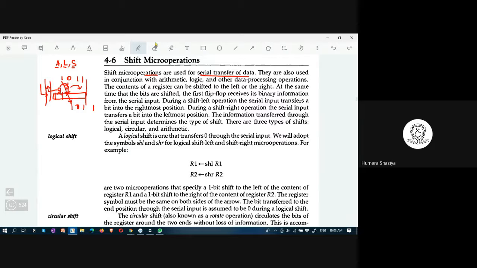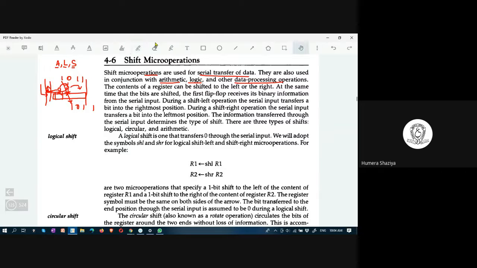This is known as serial transfer, one by one. Then next, this student will come out because there is only one way, and this way is blocked, and through this one by one transfer of students happens. Likewise, transfer of bits happens, and they are also used in conjunction with arithmetic, logic, and other data processing operations.